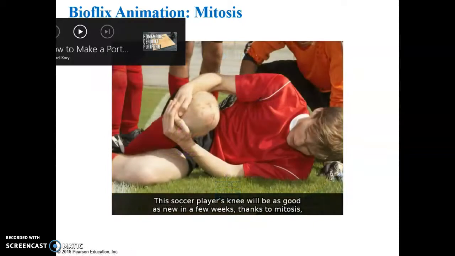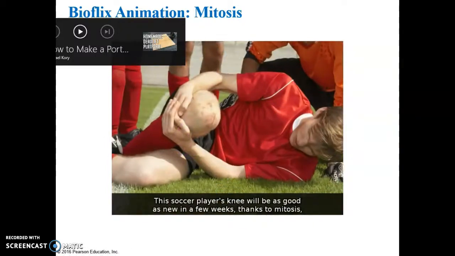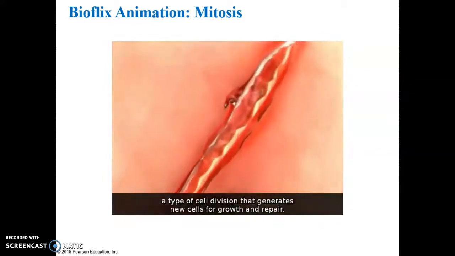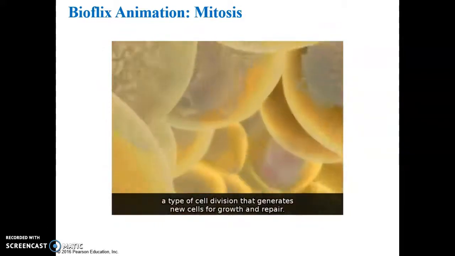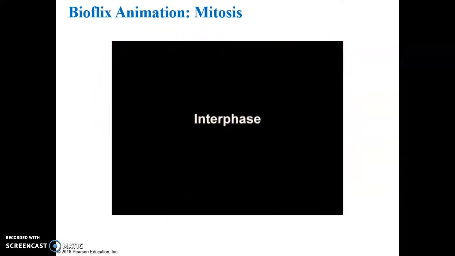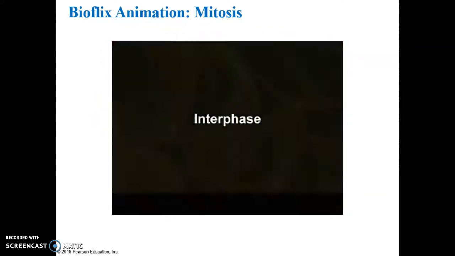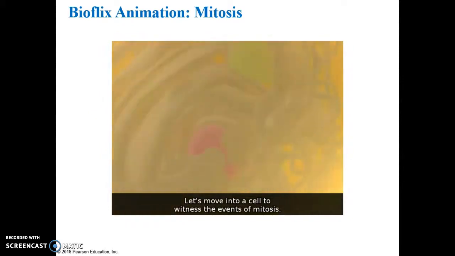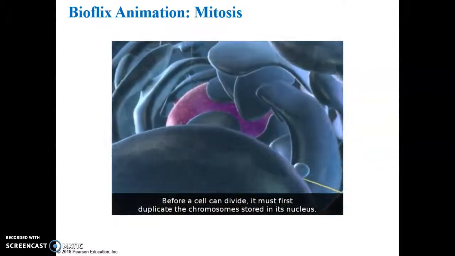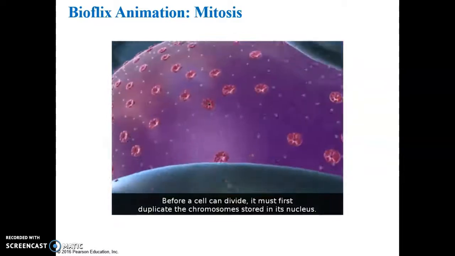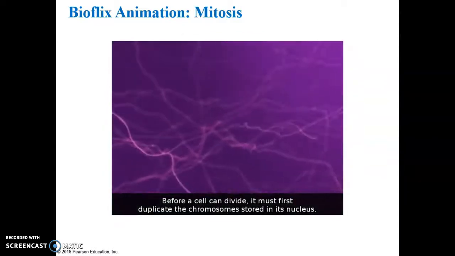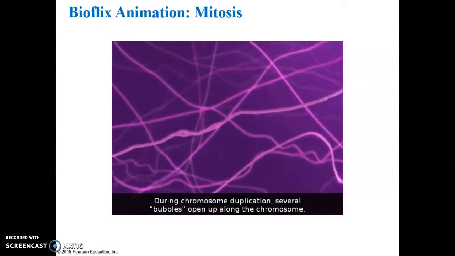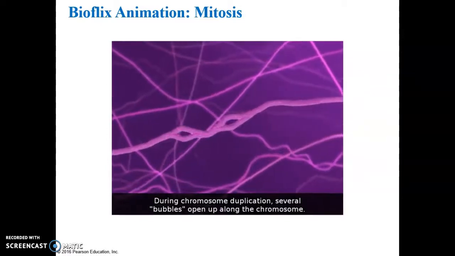This soccer player's knee will be as good as new in a few weeks, thanks to mitosis, a type of cell division that generates new cells for growth and repair. Let's move into a cell to witness the events of mitosis. Before a cell can divide, it must first duplicate the chromosomes stored in its nucleus. During chromosome duplication, several bubbles open up along the chromosome.